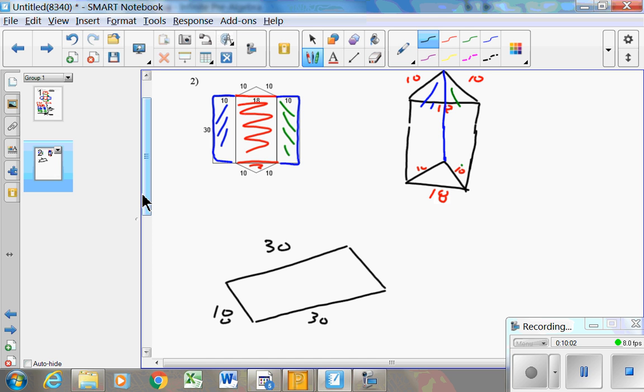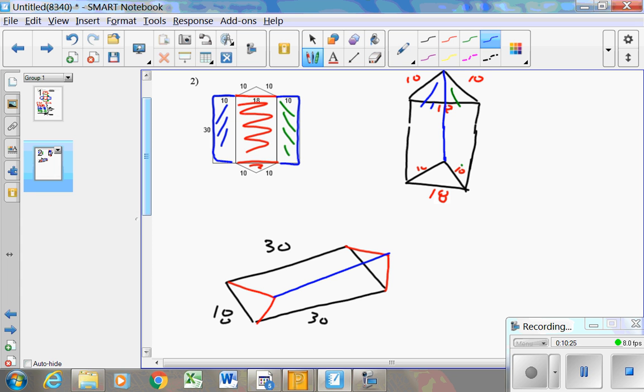And then if I want to figure out how to make this into a prism, I can draw a triangle off of each end, and then I actually have my two sides of my triangular prism on the angle.